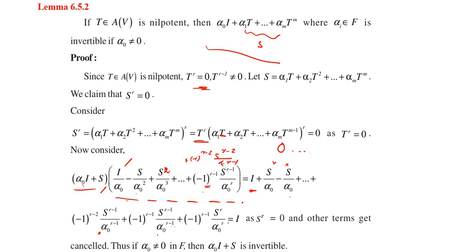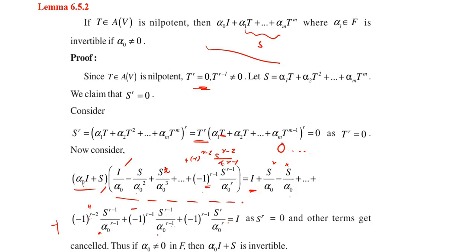Whether r is even or odd, if r is even, this one will be with the plus sign, and the other one will be with the minus sign.